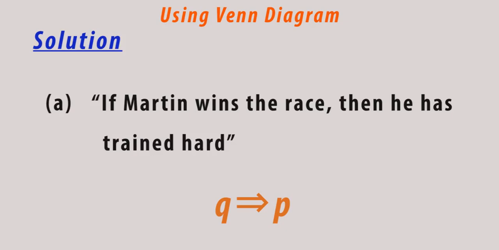So A, if Martin wins the race, then he has trained hard. This means Q implies P. The statement is not valid because we have not been told that Q implies P is true. That is, P and Q are not known to be equivalent.